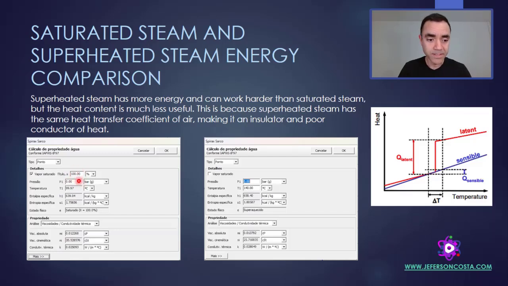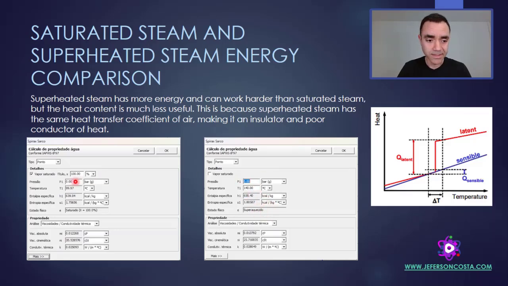If my percentage here was any value below 100 and above 0, I would have wet steam, because wet steam, as you have seen, is the combination of liquid and vapor. On this side, I have the superheated steam. How do I know that it is superheated steam?